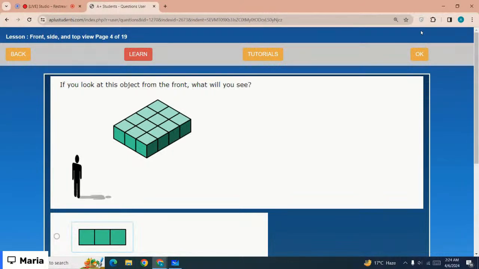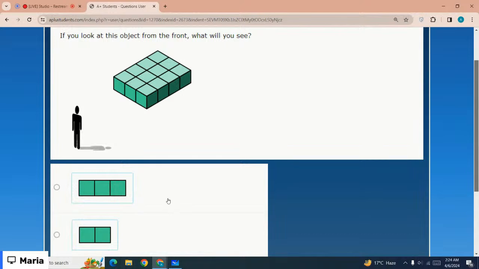Yes, the correct option is option number one because you are standing here, so you can see this side. The correct option is option number one.